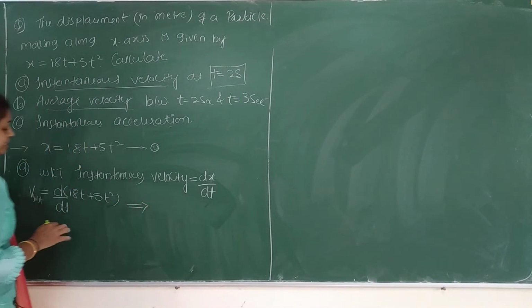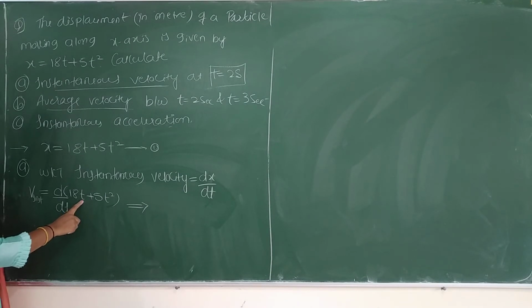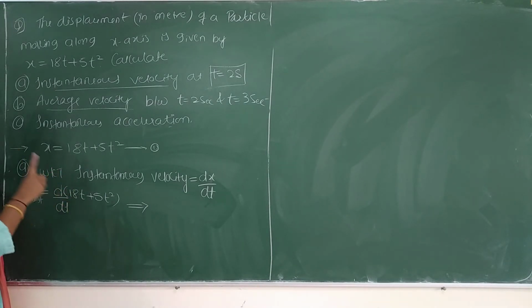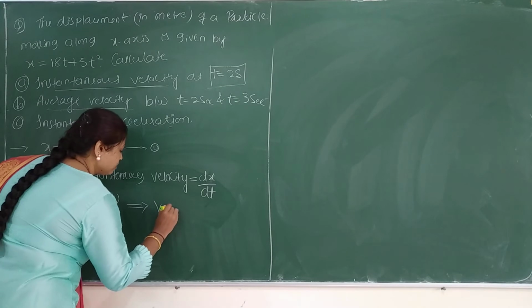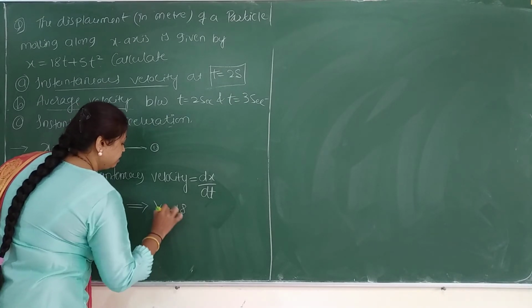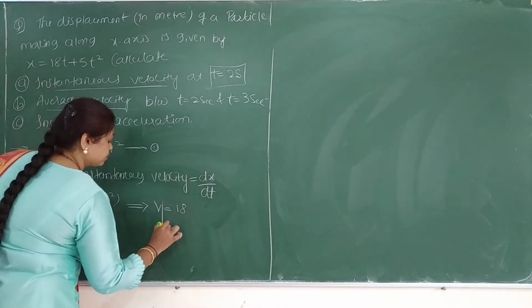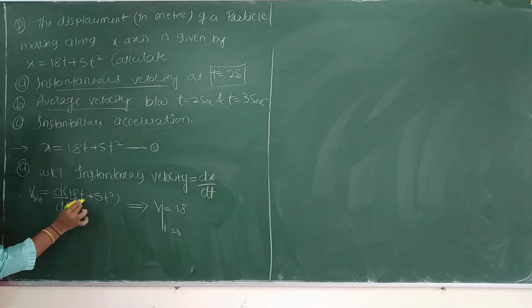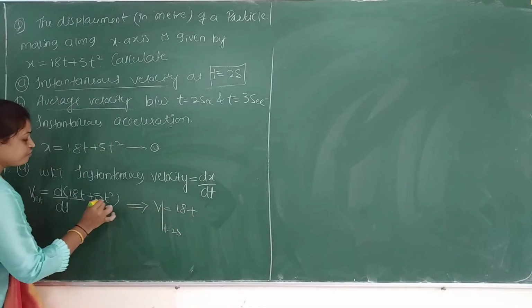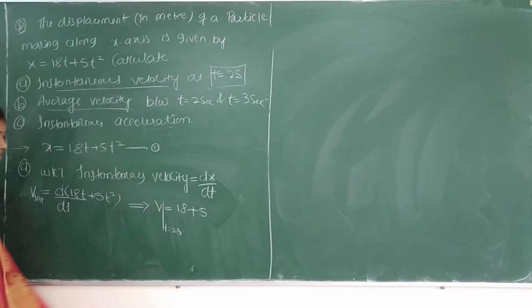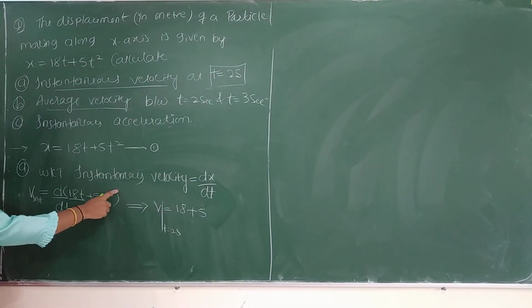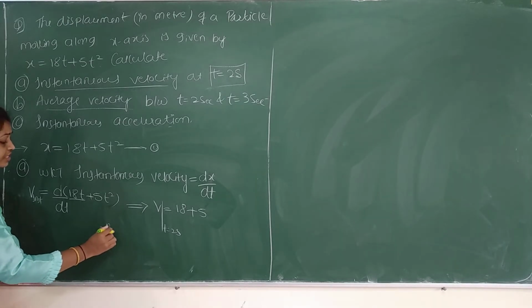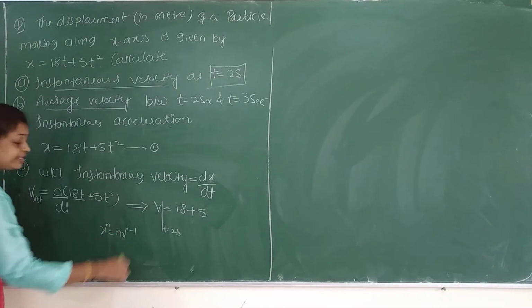Just write the answer here. So differentiation of t is 1. 1 into 18 is 18 only. So velocity is equal to 18, at t equals 2 seconds. Now differentiation of 18t. Here t differentiation is 1. 1 into 18 is 18, plus as it is. Now 5 is a constant. Write as it is. Now t square differentiation. x raised to n differentiation is what? n into x raised to n minus 1.